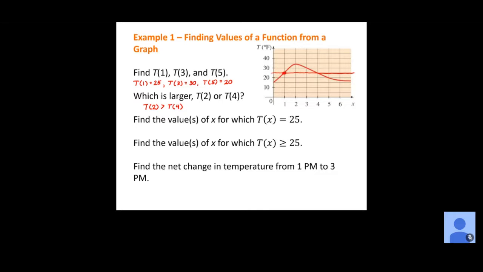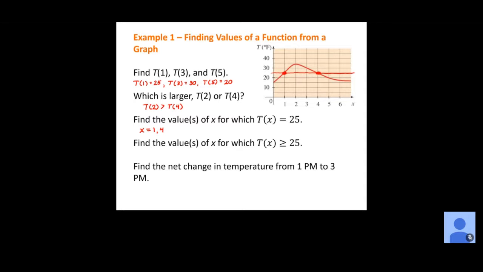It looks like we have a value right here, and then we have another value down here. And so in this case, 1 would be one of those x values. So we would say x equals 1. And then the other value where T of x is equal to 25 would be 4. So x equals 4. So again, just locate that T value and then figure out where your graph actually intersects that T value.